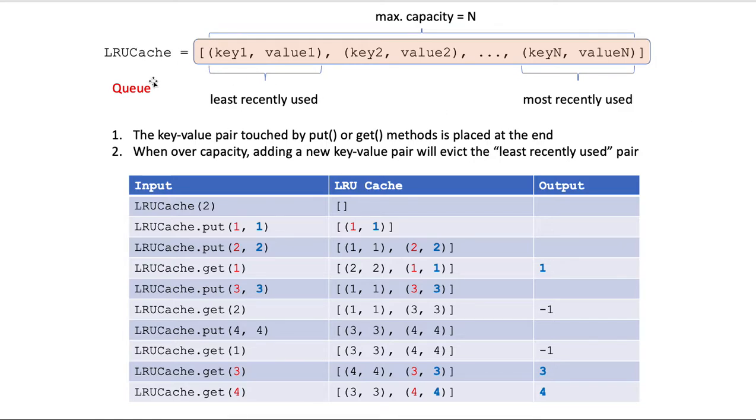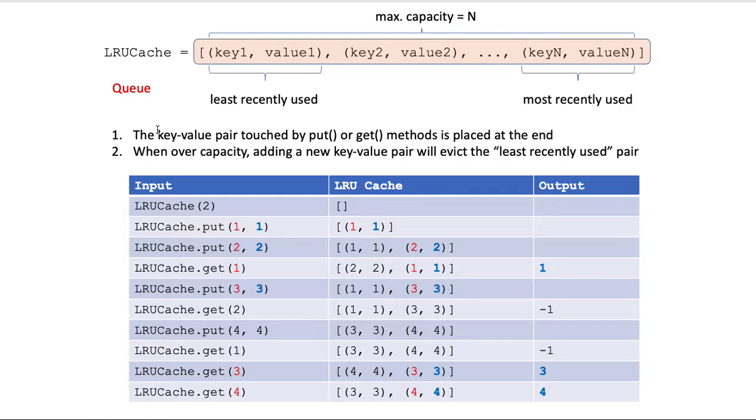Well, basically, it's a queue structure, and you have a least recently used item here. An item is a key value pair. As a first item, you also have the most recently used item as the last item, and the maximum capacity is capped at the upper limit of a certain number.